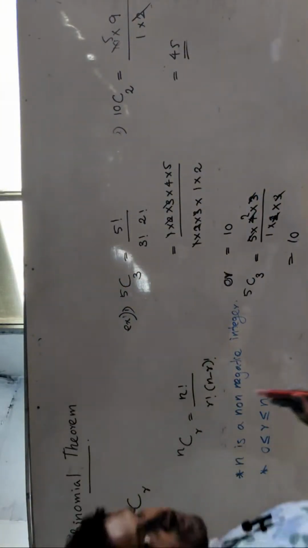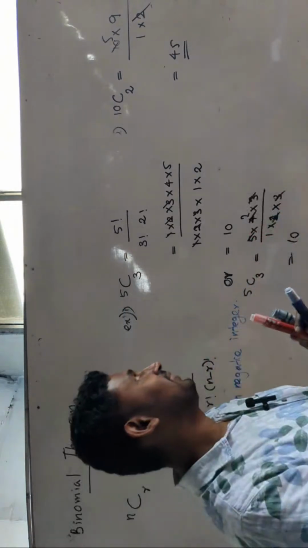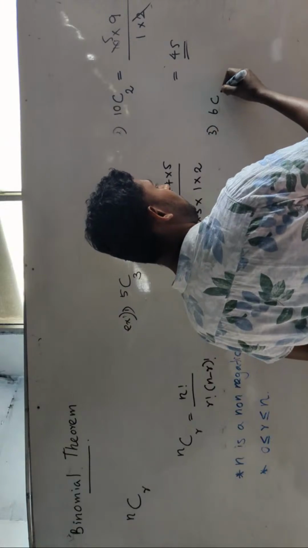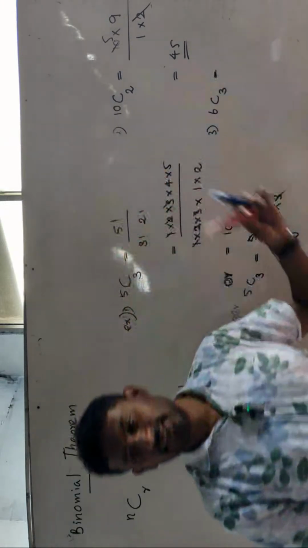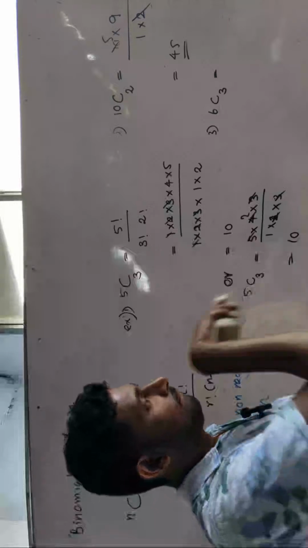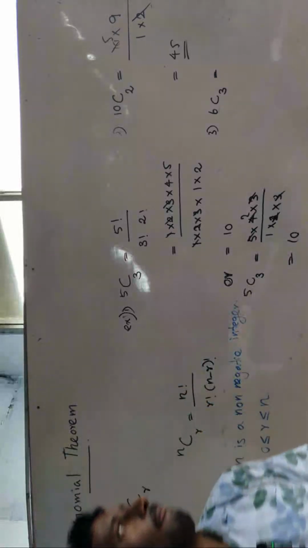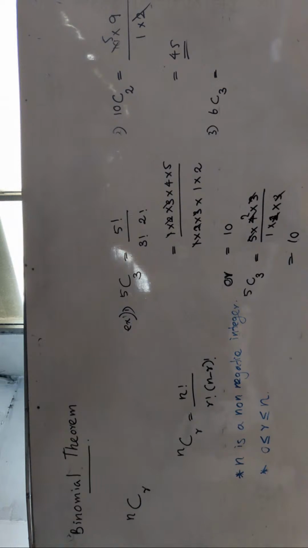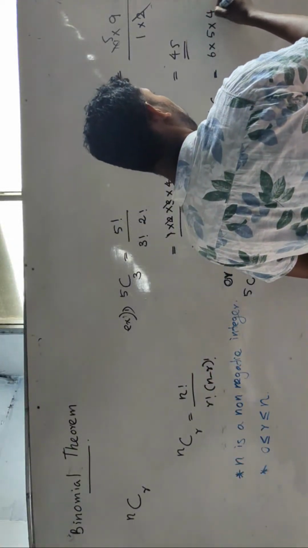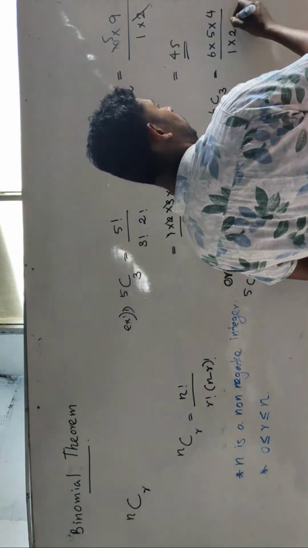So that means how many times will you do the multiplication? Right. Number 3, 6C3. So 6 into 5 into 4 over factorial 3 means 1 into 2 into 3.